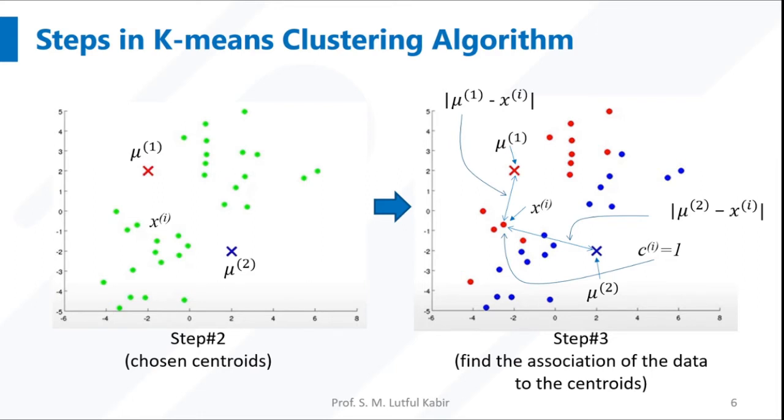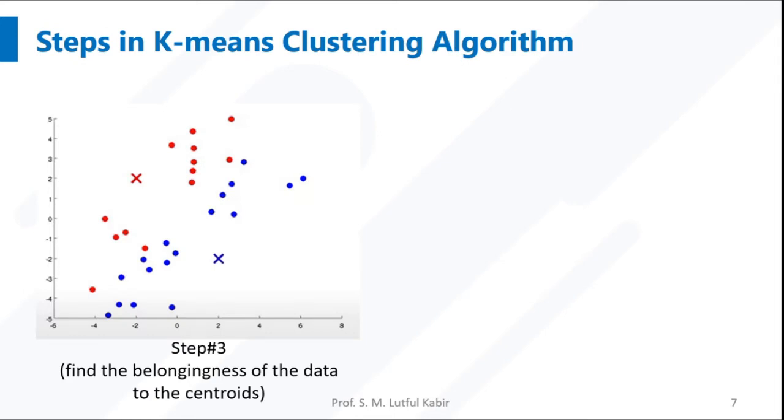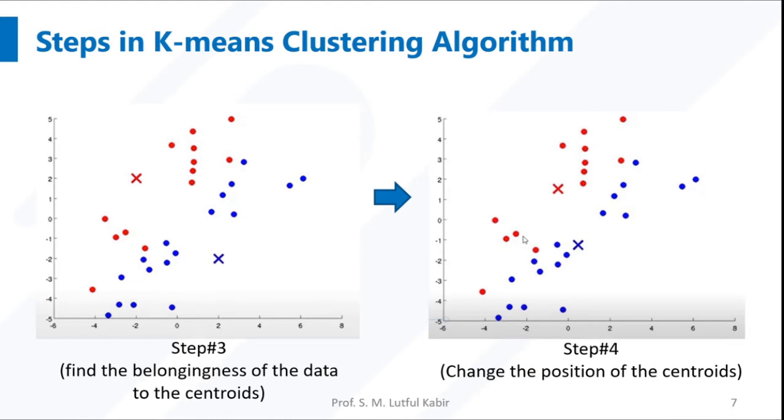This is how you find the association of a data point with a particular center, either 1 or 2. So the next step is to move the center. You see the center was located at a position that was arbitrarily chosen.